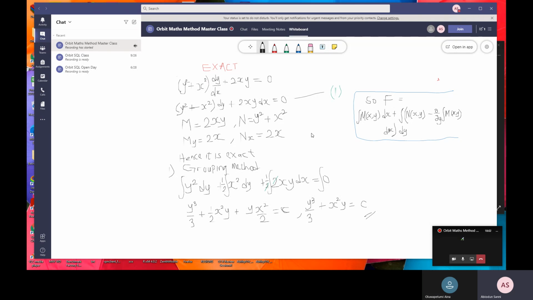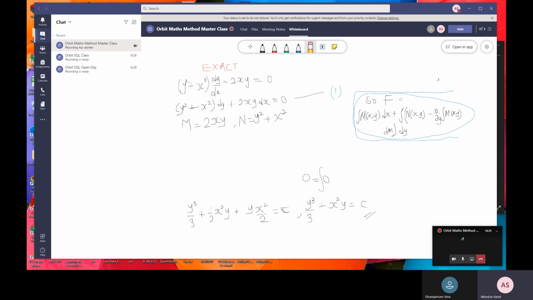Now using the comparison method, I can use this formula I already wrote here to solve the problem. Let me erase this part, I don't need this one.